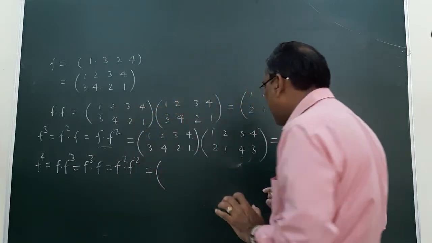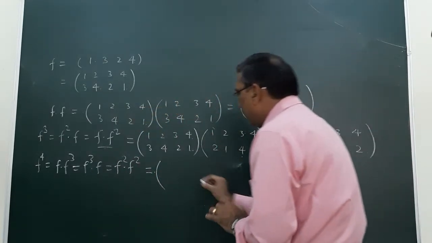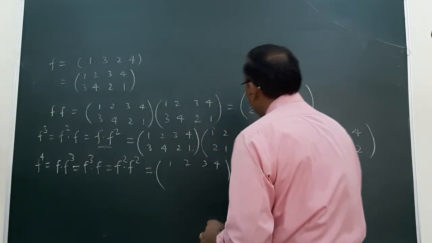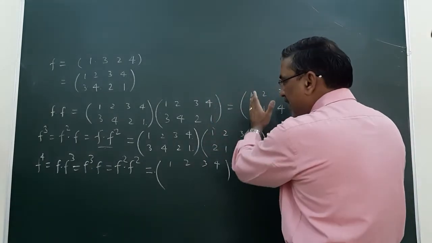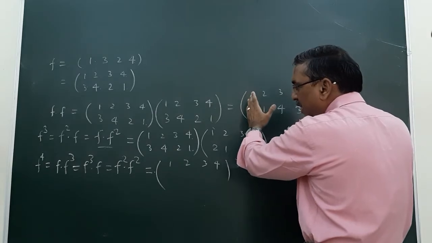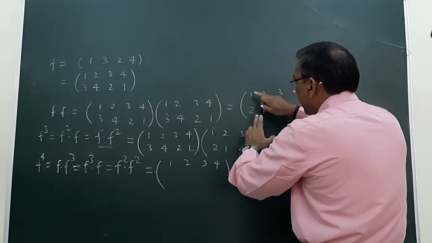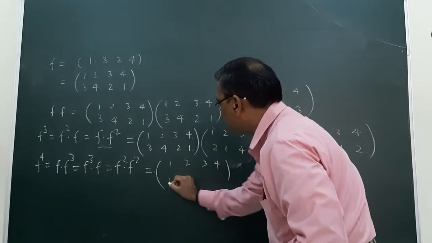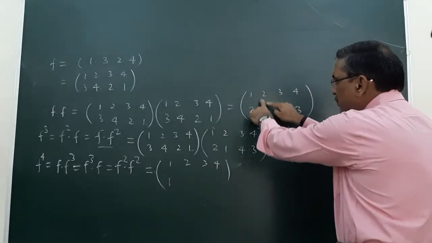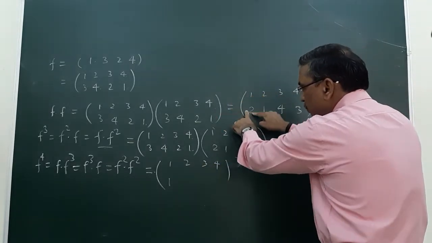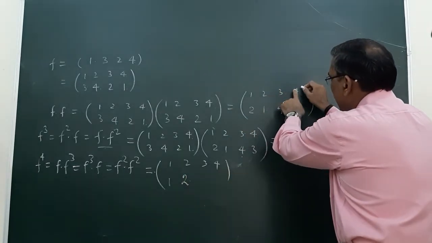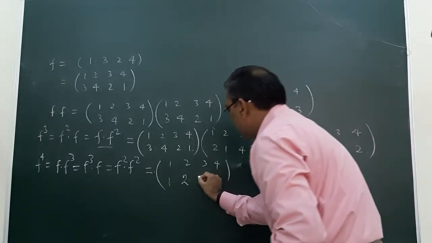So this is your f square. Now 1, 2, 3, 4. I can straightforwardly write f^4, f raised to the power 4, as: the image of 1 is 2 and 2 is 1, so the image of 1 is 1. The image of 2 is 1 and the image of 1 is 2, so 2. The image of 3 is 4 and the image of 4 is 3, so it is 3.